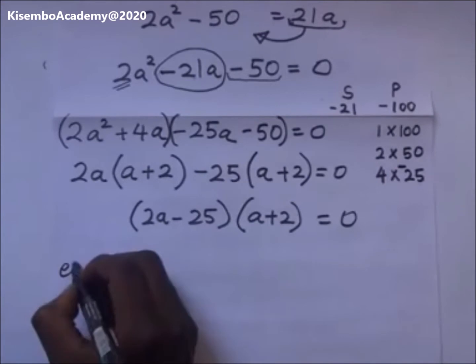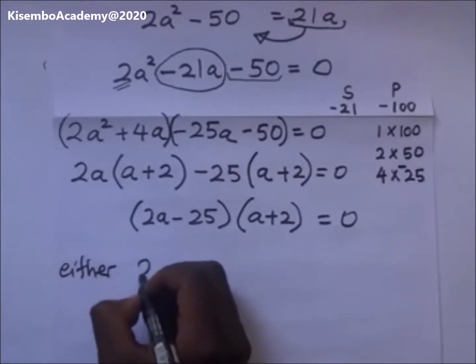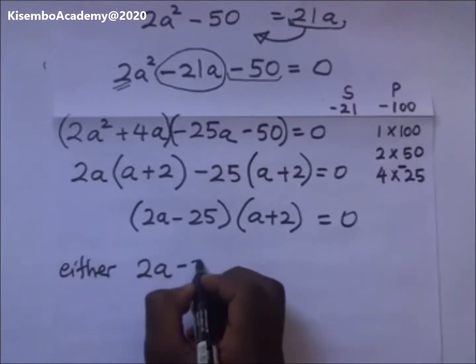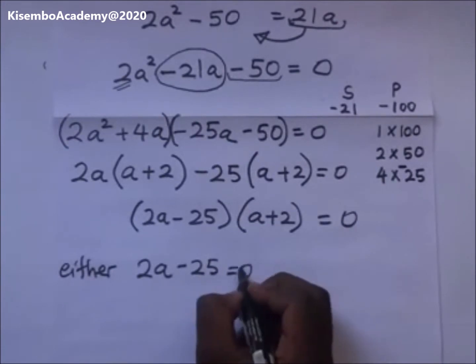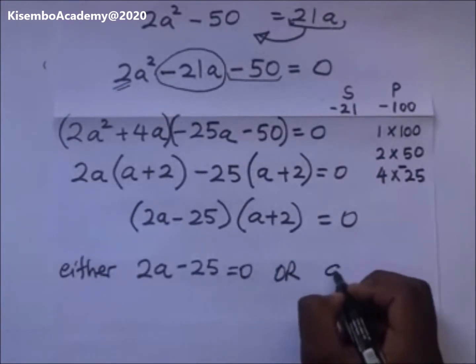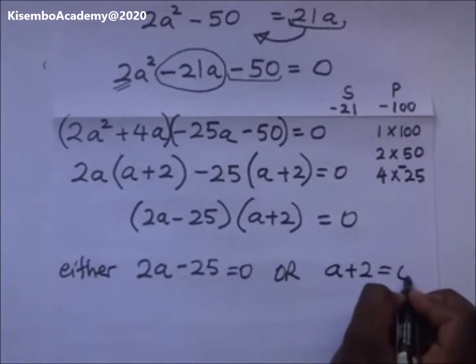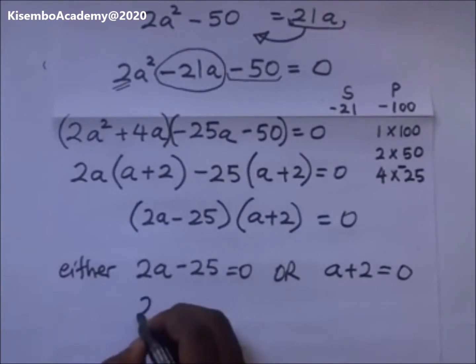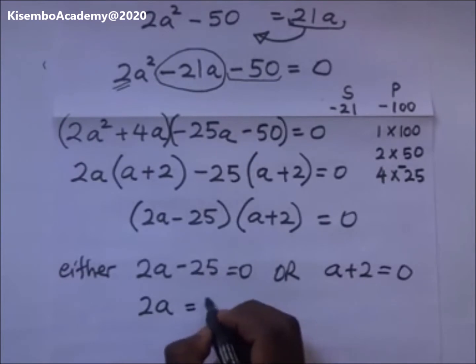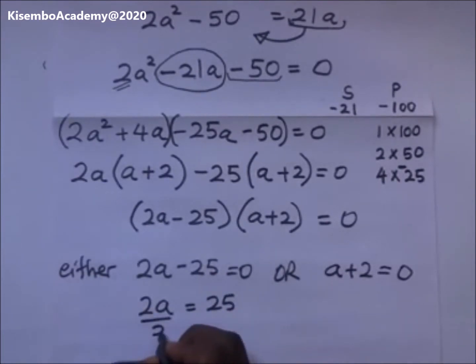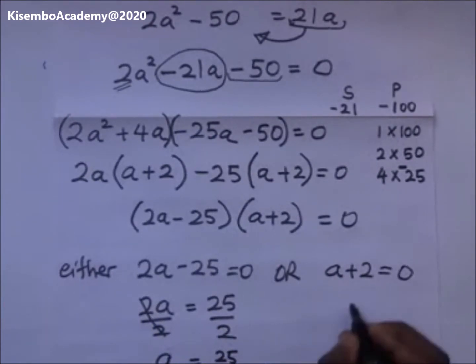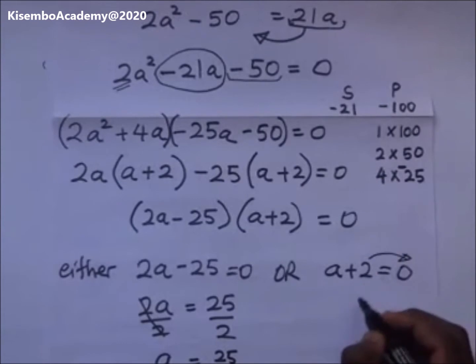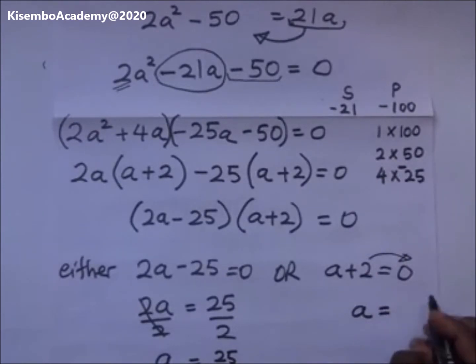So it's either 2a minus 25 is equal to 0 or a plus 2 is equal to 0. So when we make a the subject of the formula here, it's definitely 2a is equal to 25, divide both sides by 2. a will become 25 over 2, and likewise here, when 2 crosses to come that side, we remain with our value of a as negative 2.